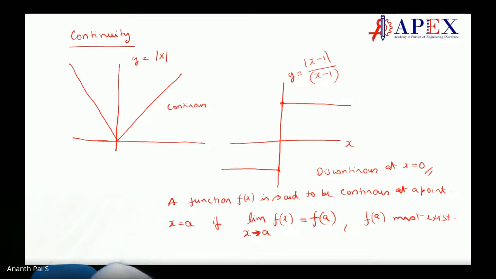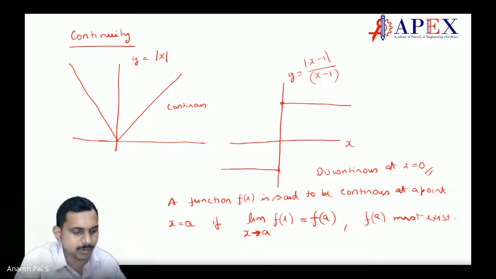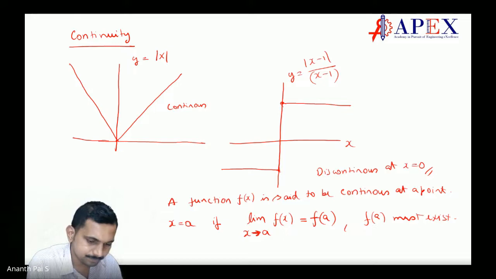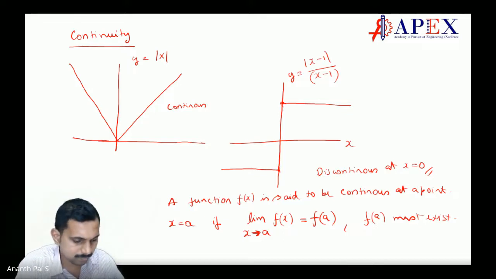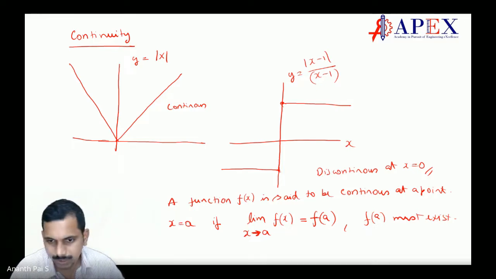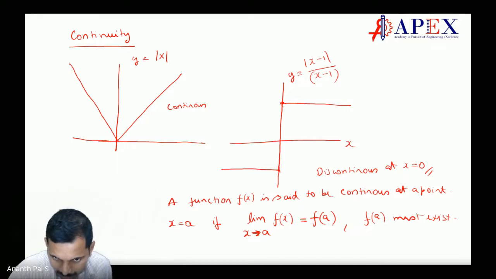Let us see what is Bosco's definition for this. Yes, another point in addition to that: limit of f of x must exist.